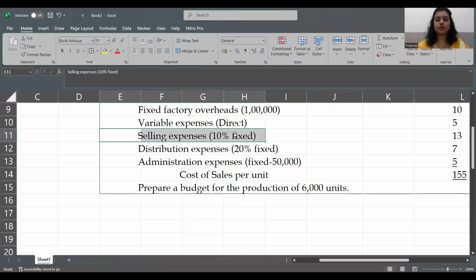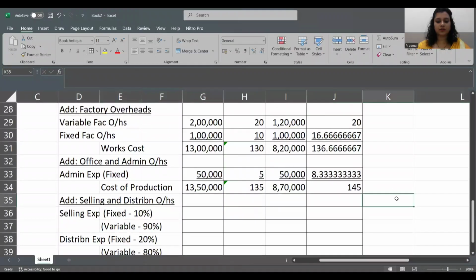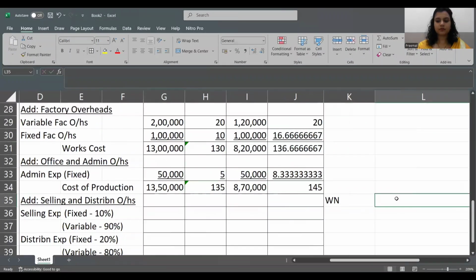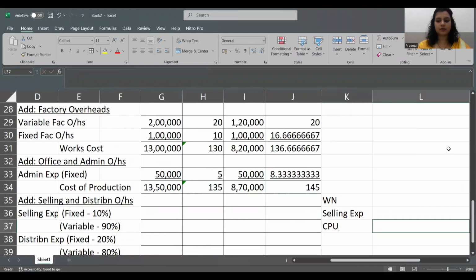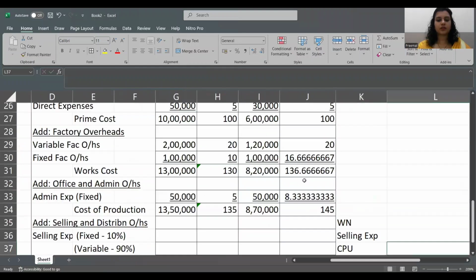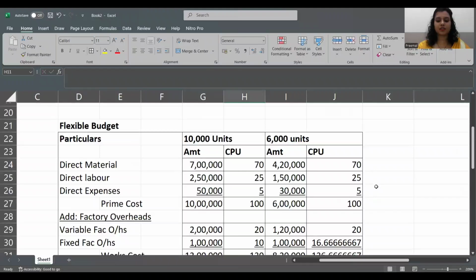We'll divide it into two portions. One is the fixed portion and one is the variable portion. Now they've only given us the cost per unit, 13 rupees. So let's find out how much is fixed and how much is variable. So let's prepare a working note over here. In case of selling expenses, the total cost per unit for selling came up to 13, out of which 10% is fixed.